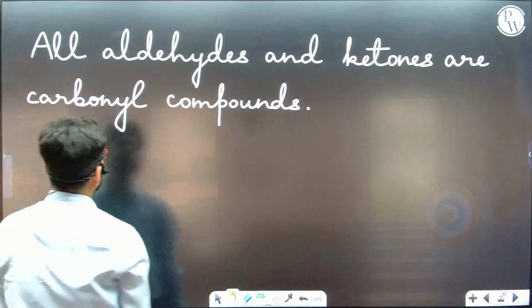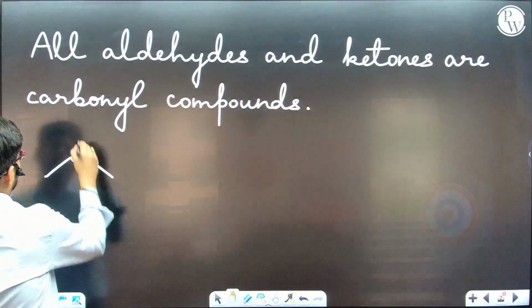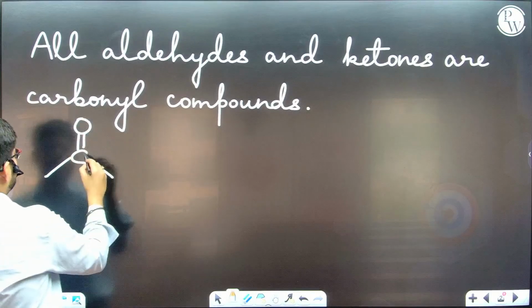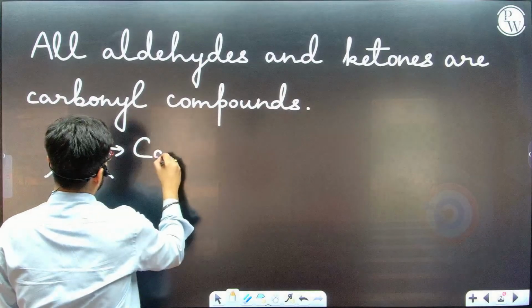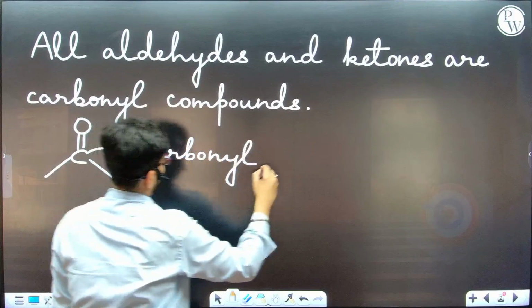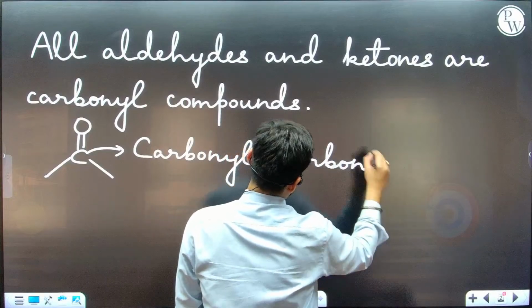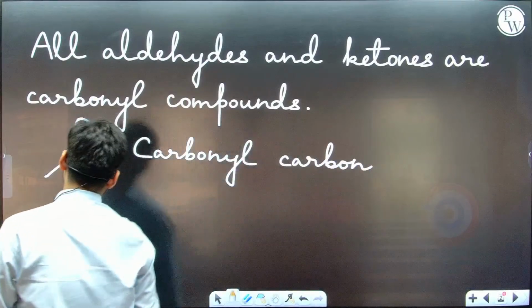So all aldehydes and ketones are carbonyl compounds, and hence this carbon is called the carbonyl carbon.